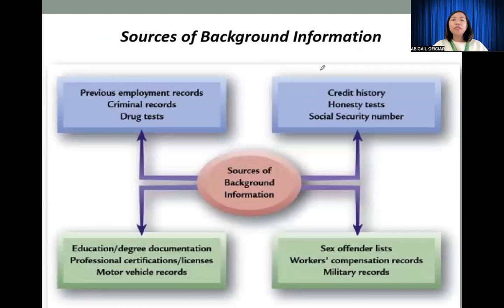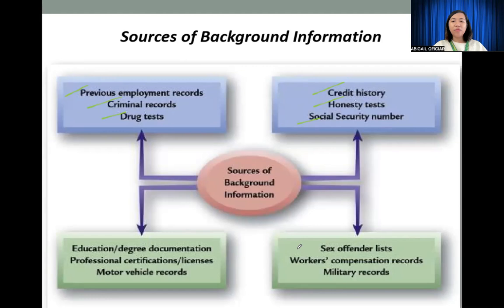Okay. So, ano ba yung mga sources ng information when it comes to background information or background checking? So we can look into the previous employment records, criminal records, yung NBI, police clearance, and drug test. We can also look into credit history, honesty test, and social security number. Okay?